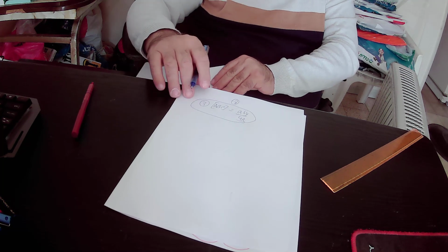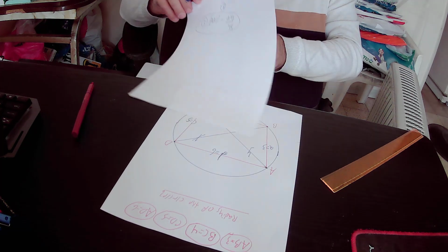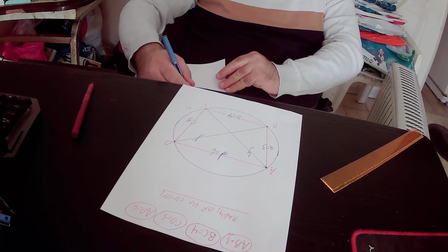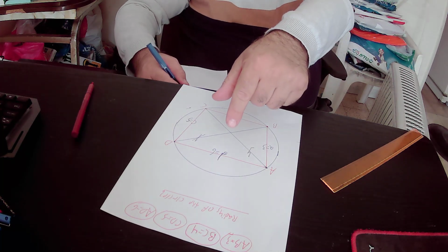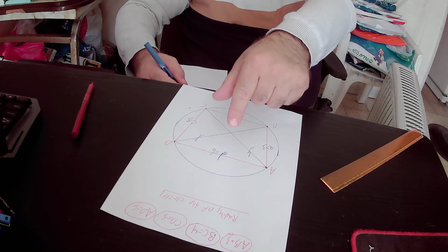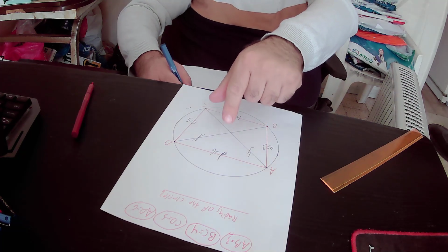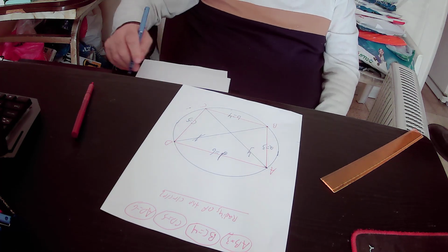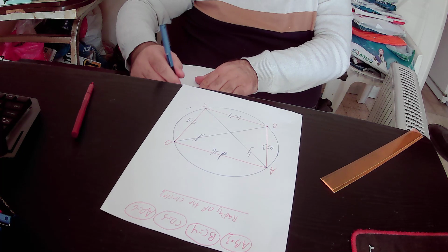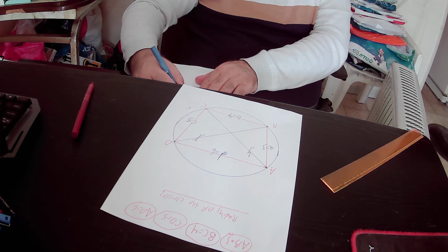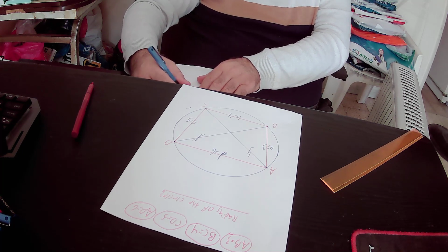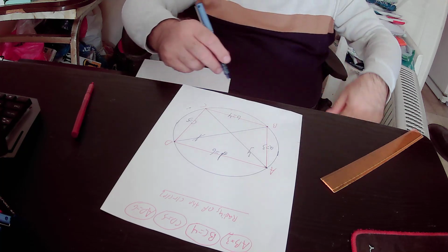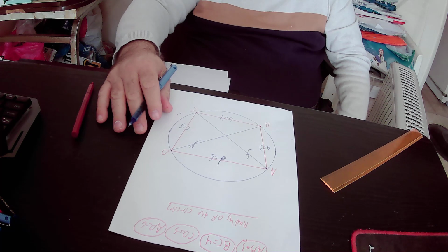Okay, so in the next step we will focus on triangle ADC. As you can see from the drawing, this triangle is inscribed by this blue circle.